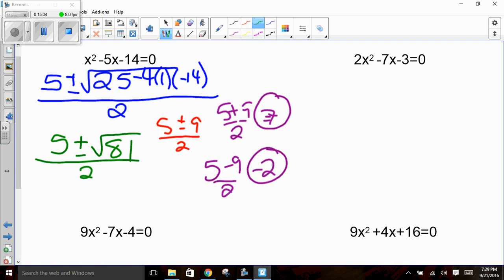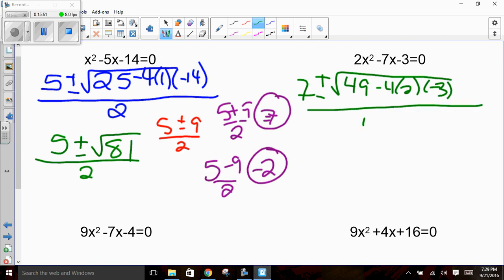All right, the second one over here to the right, I have 7 plus or minus the square root of 7 squared, which is 49, minus 4 times 2 times -3, all over 2 times 2, which is 4. In my calculator, I'm going to take -4 times 2 times -3 and get 24.